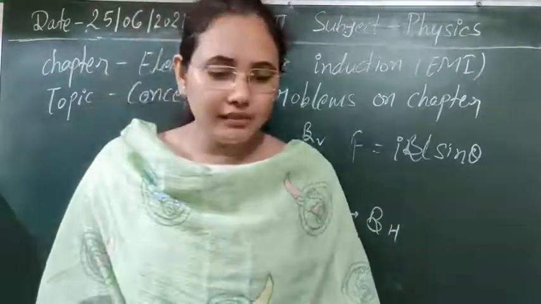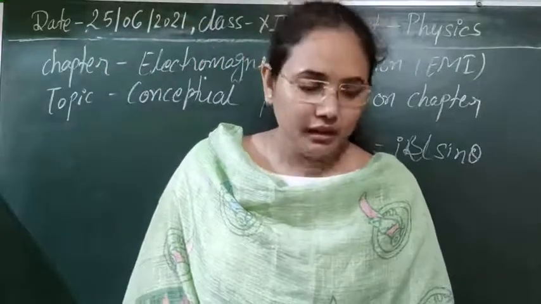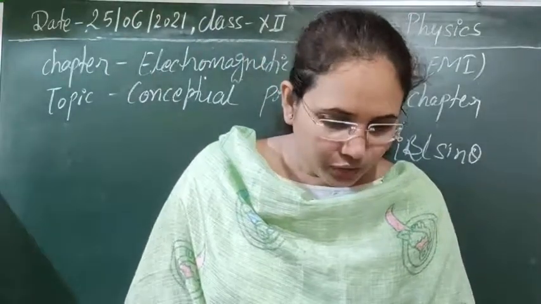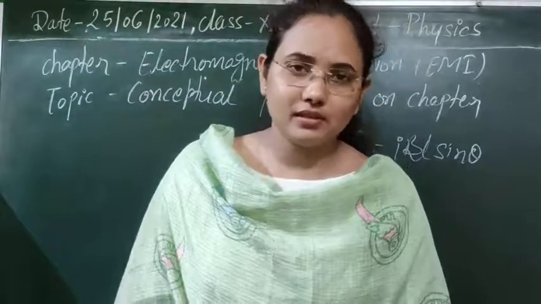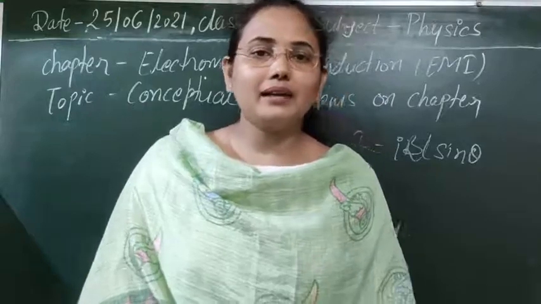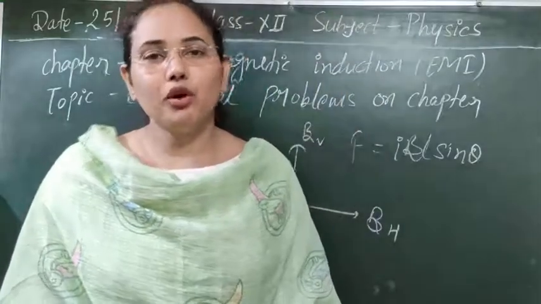Next, the second question in the same case: will the answer be affected if the train moves from east to west? Now it is given that the train started to move from east to west.